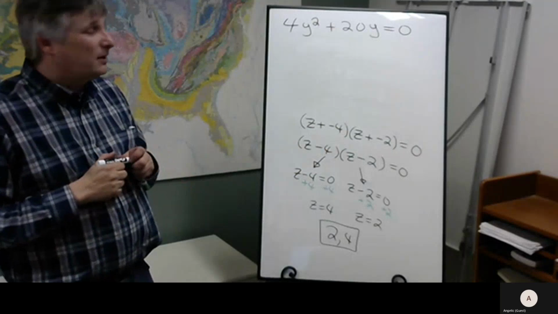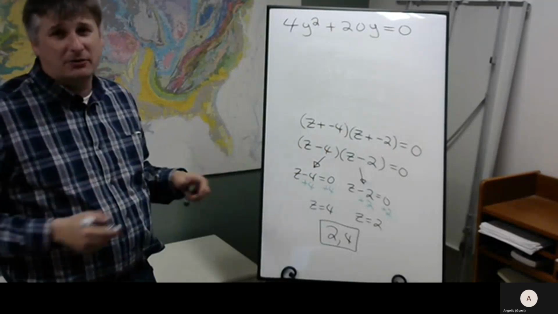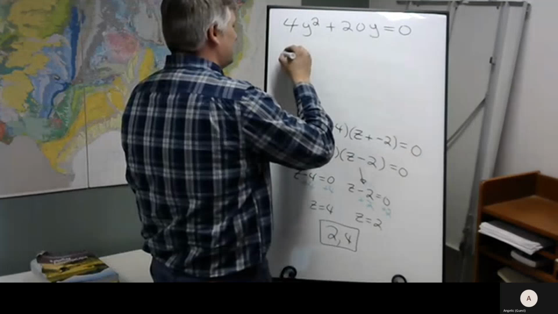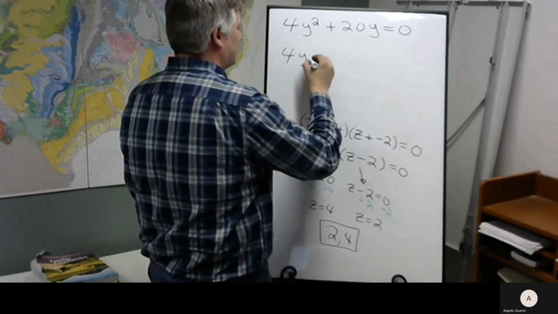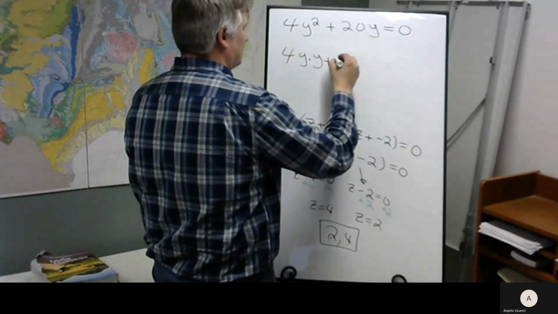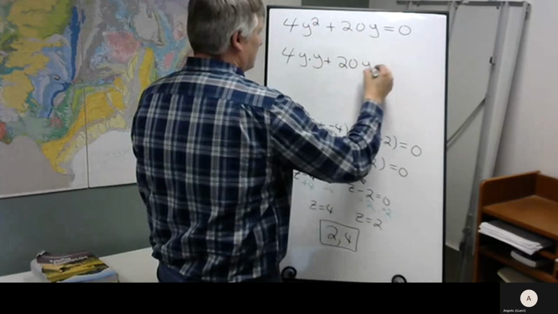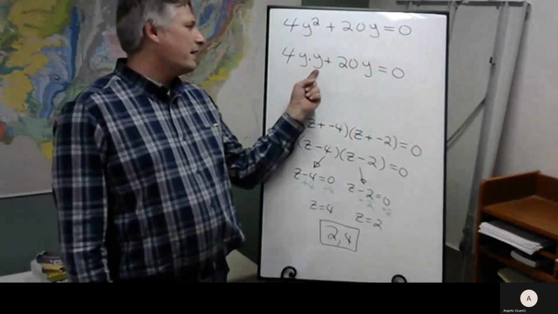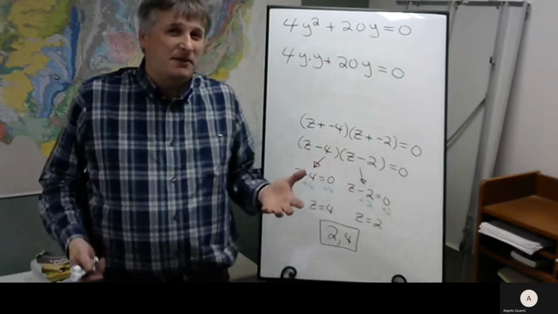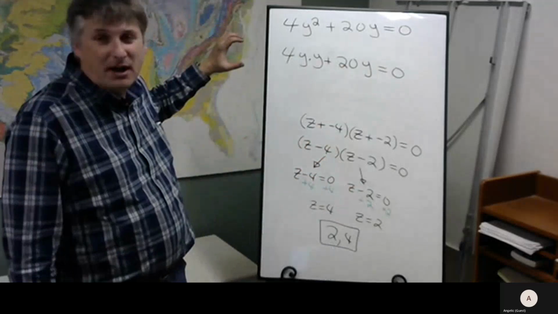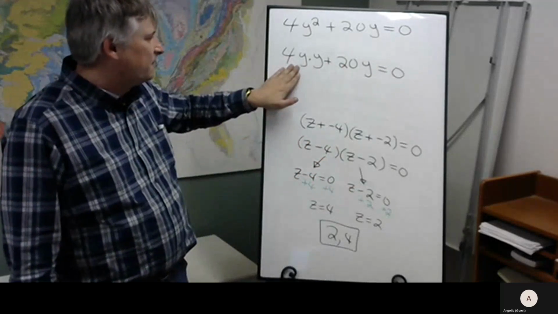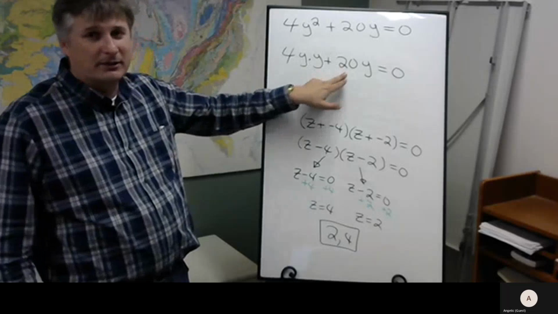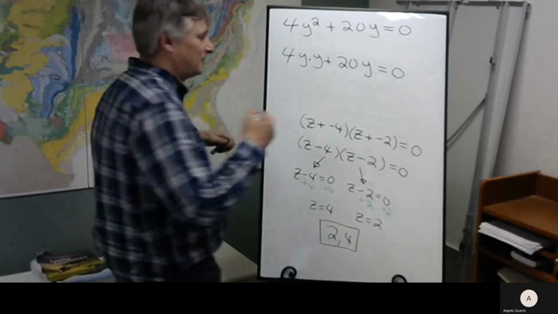So what we can do here, we can actually factor out a y. So if you recall the factoring, we have a y and a y. So we can treat this like there used to be a y on the outside that was distributed the 4y and the 20. So we're going to get this.